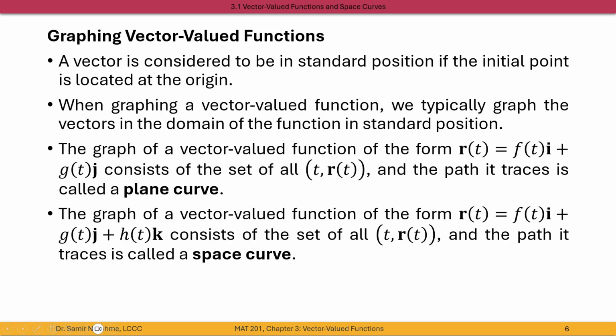Both will give you curves, but simply the terms differ. For a vector function in 2D, it's called a plane curve, and in 3D, it's called a space curve. And it does make sense because plane stands for the x and y plane, it's 2D, while space is a 3-dimensional world.